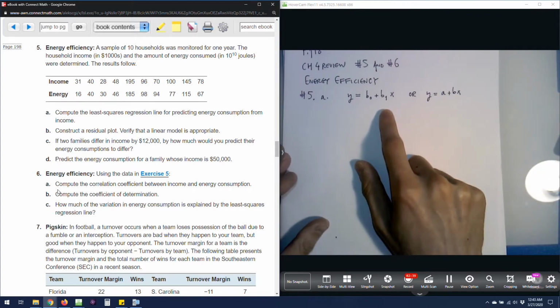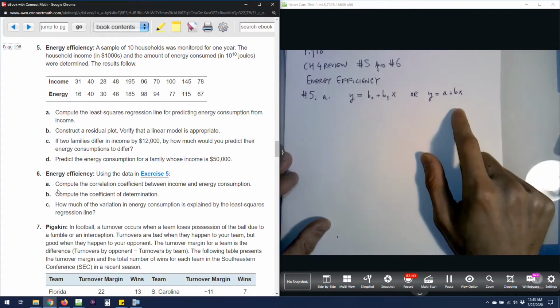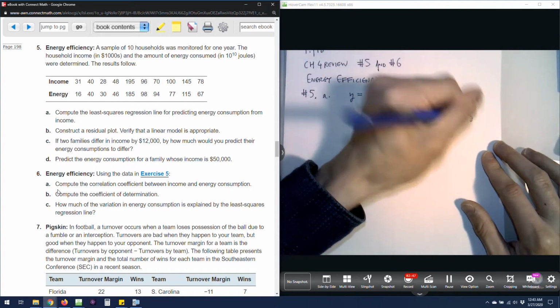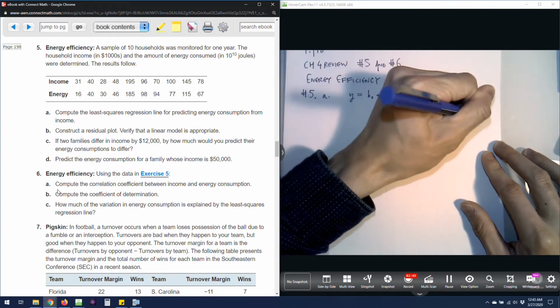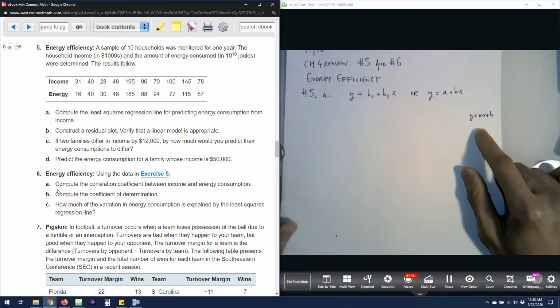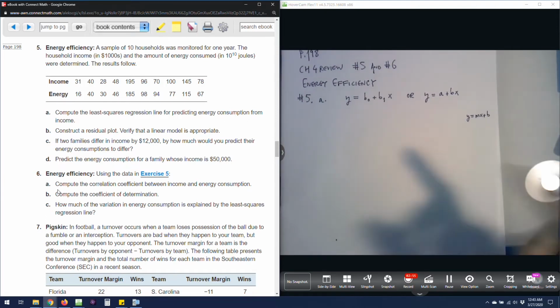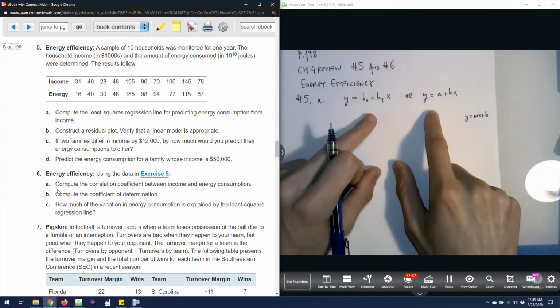This is the equation of a line, and then this is what our calculator does. And then I'm going to write it really small here. On the side, we have our y equals mx plus b. This is what you learn in algebra, the y equals mx plus b. So this is what we're ultimately computing.